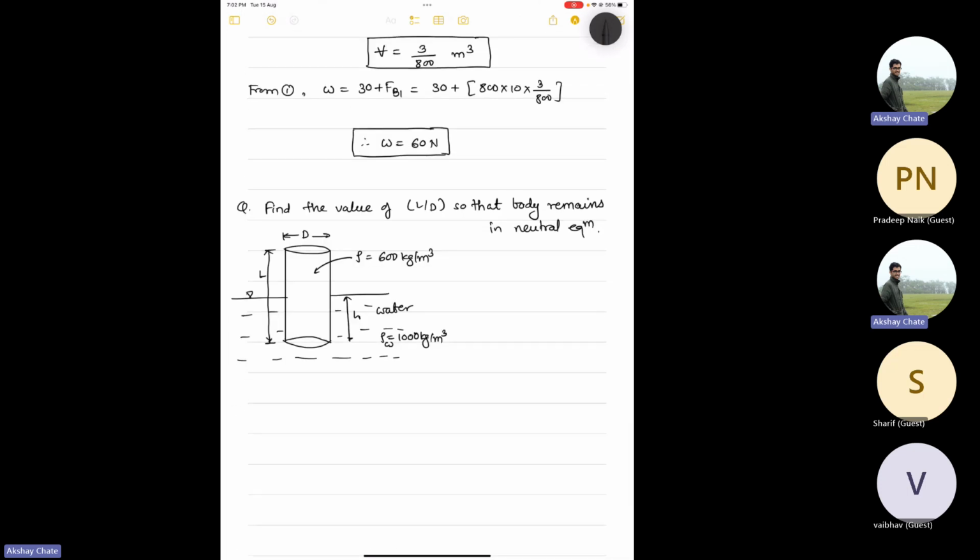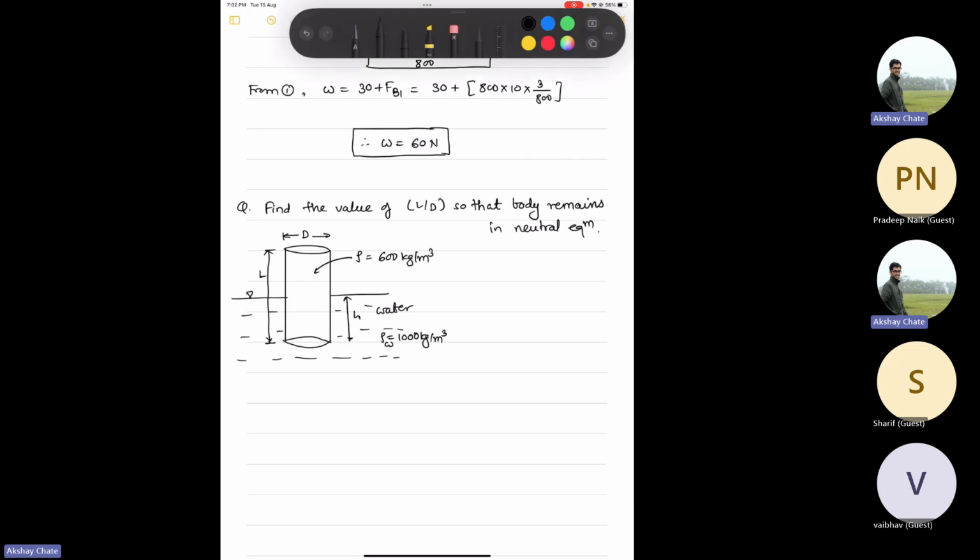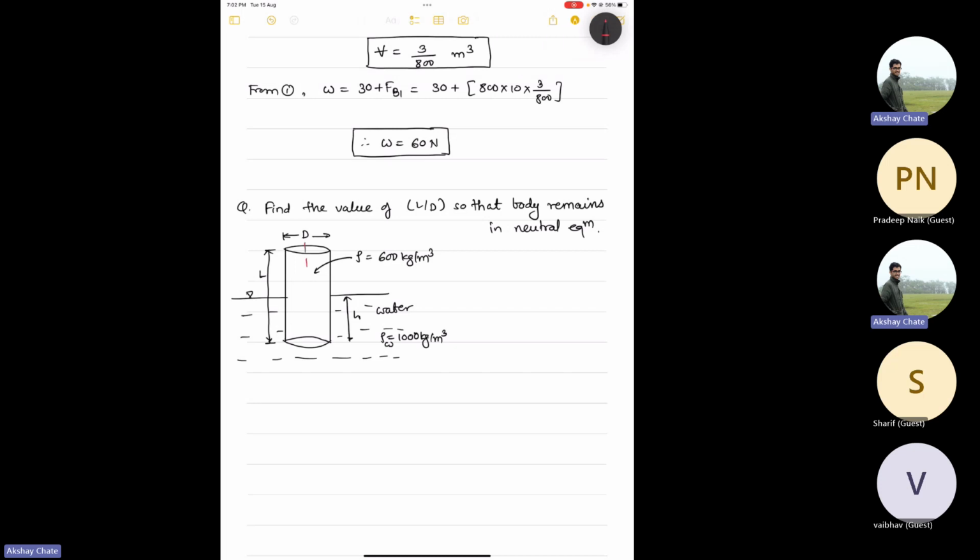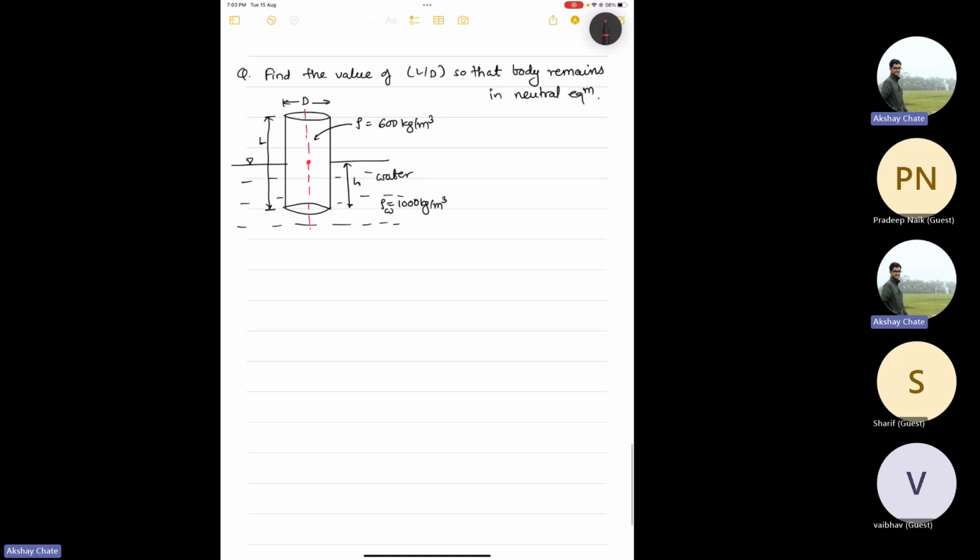So before going there, let's do some simple things which we know. Let's draw the center axis. This is given in the question that this body is a homogeneous body, so don't worry about the other inhomogeneities. So now, as we know, this is a homogeneous body, so the center of gravity will be at L by 2. Maybe I'll draw the figure again.